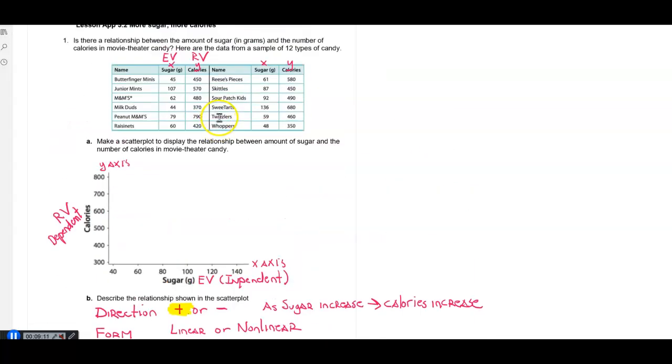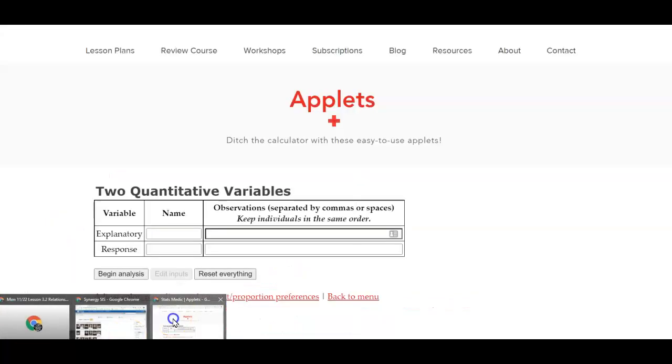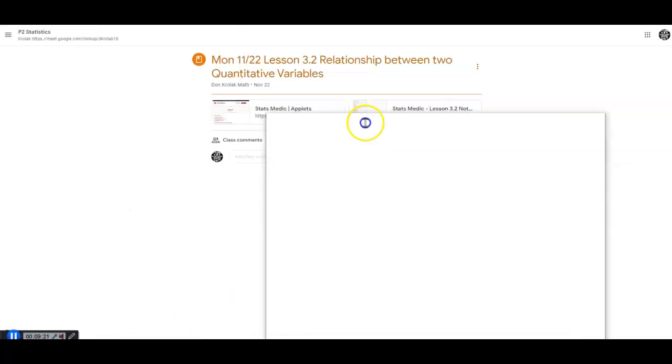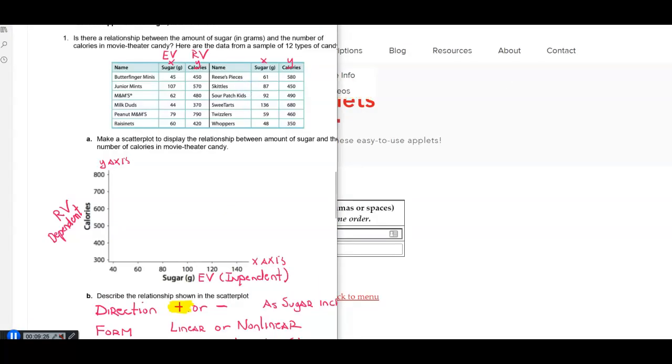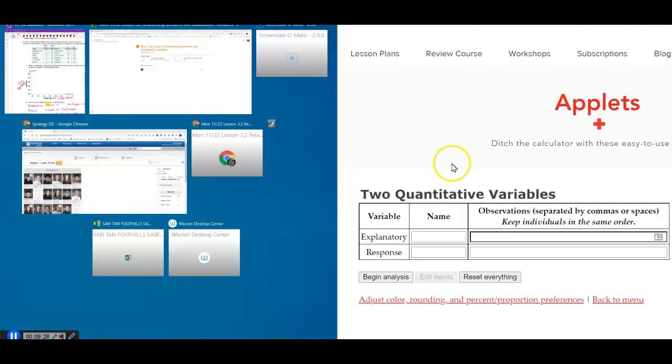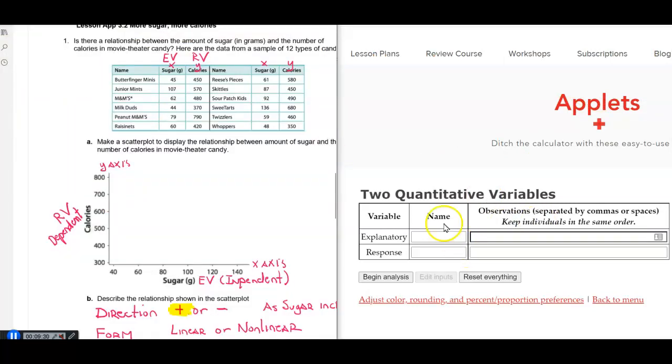All right, so what we're going to do now is take this information and put it into our tablet. Okay, so we got this open.